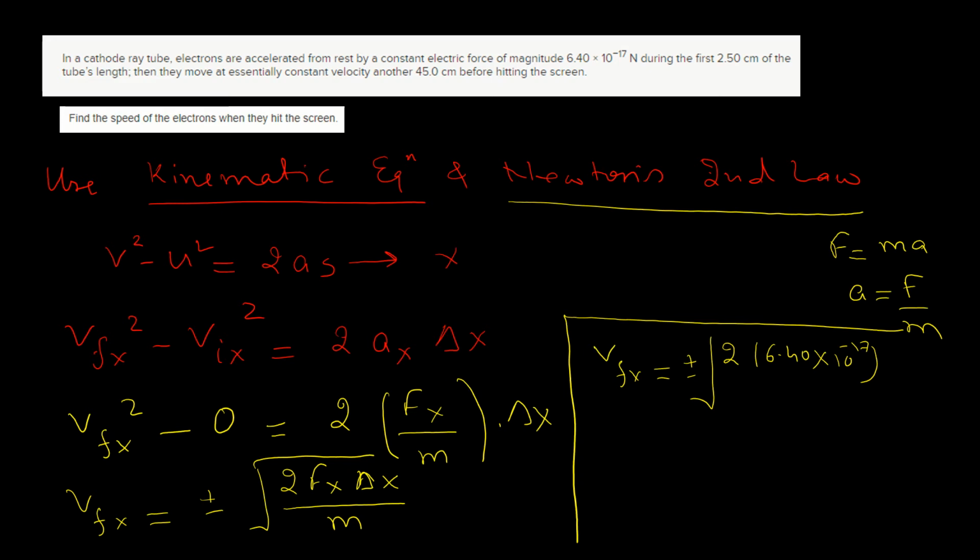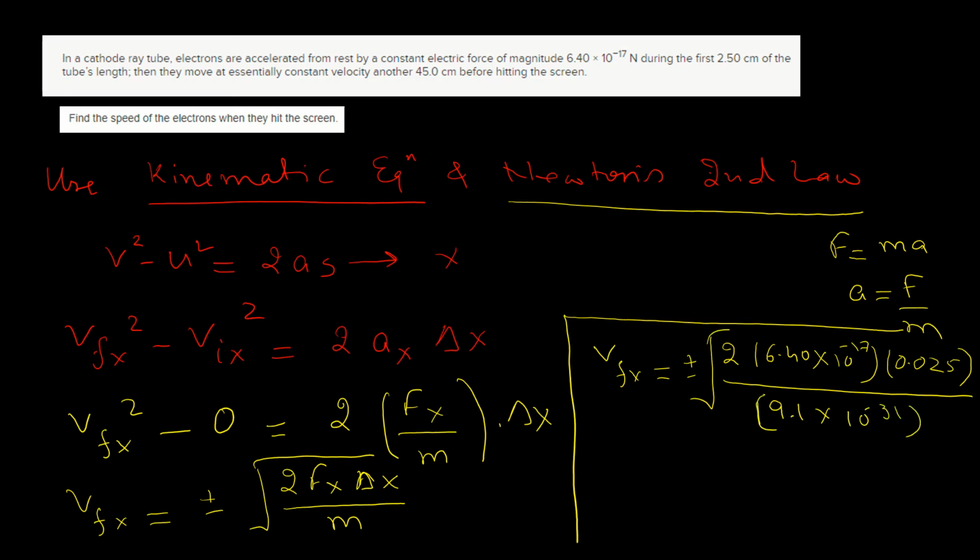We convert this to meters, so it is 0.025 meters, and divide by the mass of the electron, 9.1 times 10 to the power negative 31 kilograms.